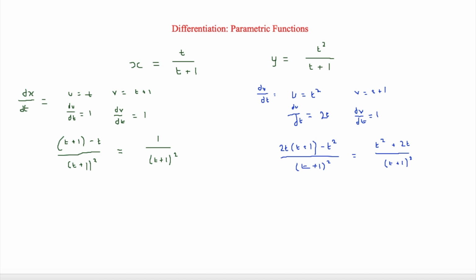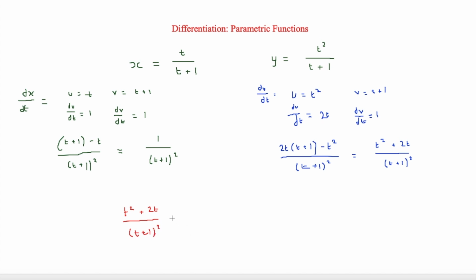So therefore, in order to finish it off, we're going to do dy over dt, t squared plus 2t, that is going to be over t plus 1 squared.